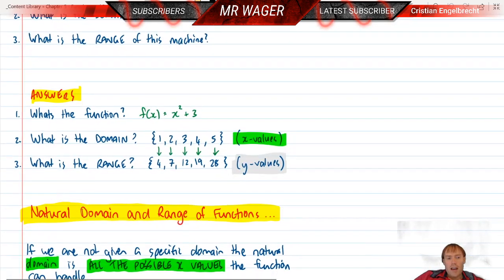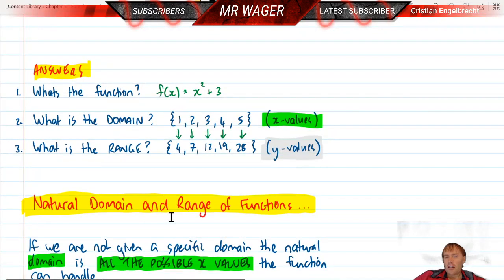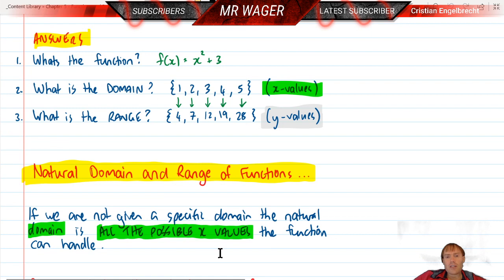Next thing I want to talk about is natural domain and range of functions. So we kind of introduced the idea of domain, kind of introduced the idea of range, but now let's talk about it in terms of graphs. If we're not given a specific domain, the natural domain is all the possible x values that the function can handle.